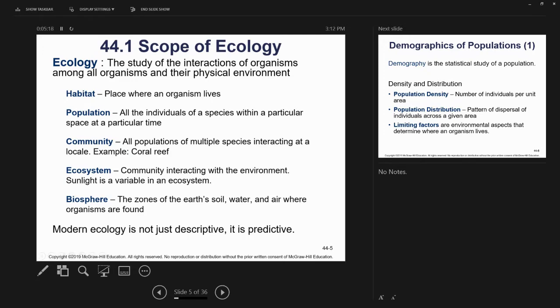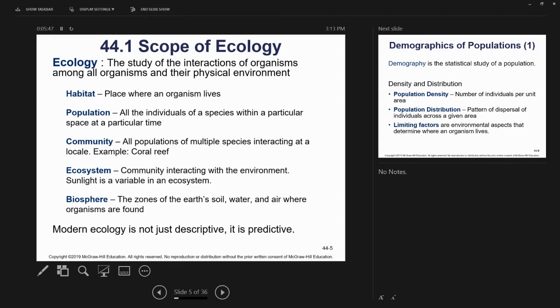An ecosystem consists of the community, all the living organisms in an area, with the non-living or abiotic components. So sunlight, water, soil, air, all the different non-living factors in that area. And the biosphere is all the zones in the earth, soil, water, and air where organisms are found.